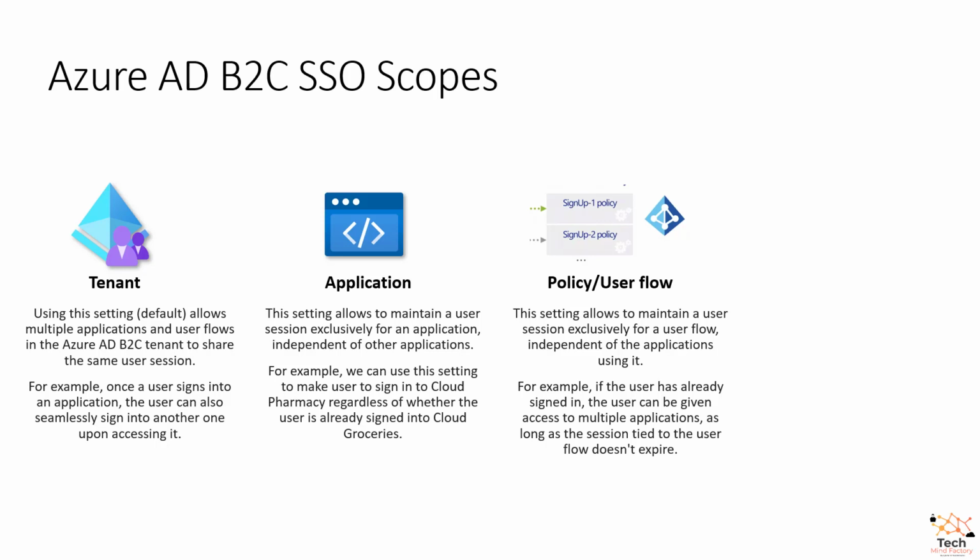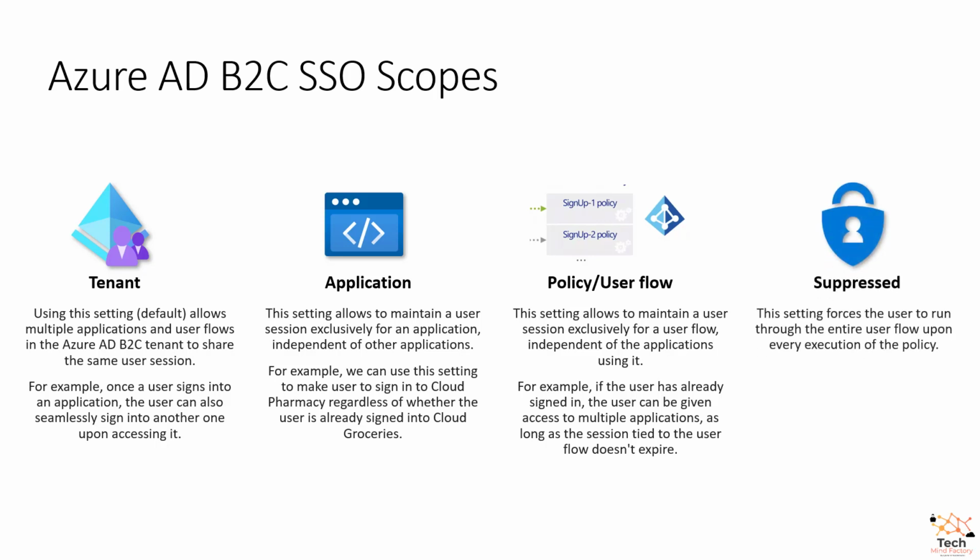That's very important: in this specific scenario, the session scope is set to the policy or user flow. As long as the session for this specific policy, which can be used by multiple applications, is still active, the user will not have to provide any credentials.